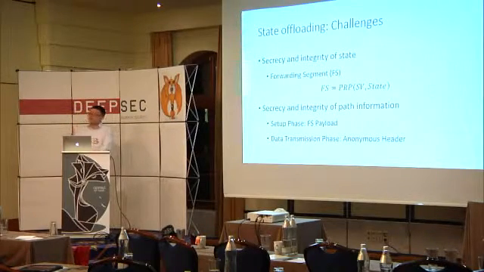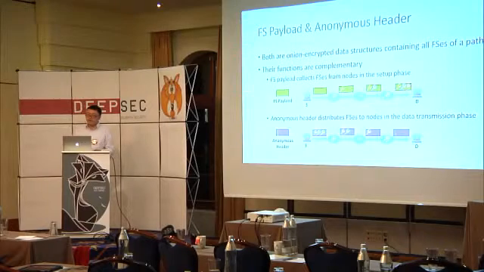So in order to protect this path information, we propose two data structures. In the setup phase, HORNET uses the FS payload, and in the data transmission phase, HORNET uses the anonymous header. Let me explain these two data structures in the following slides.